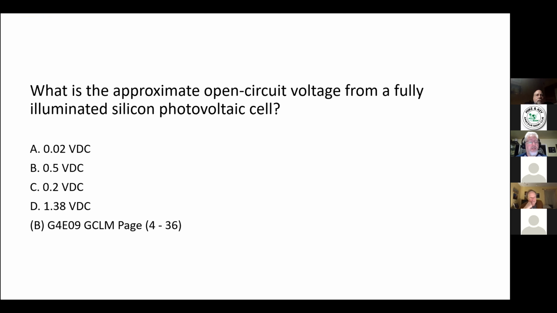Bravo is the correct answer. 0.5 volts DC for a silicon photovoltaic cell. A lot of times they'll put 18 of them together to get the voltage up.